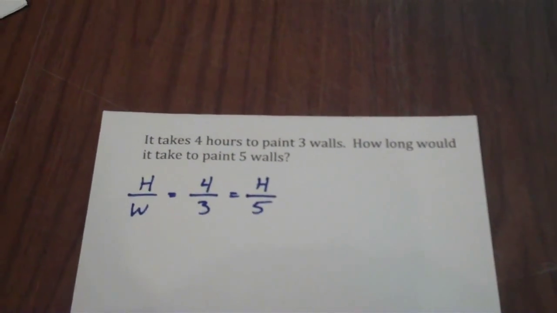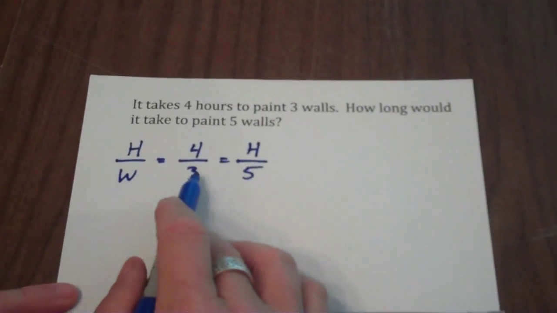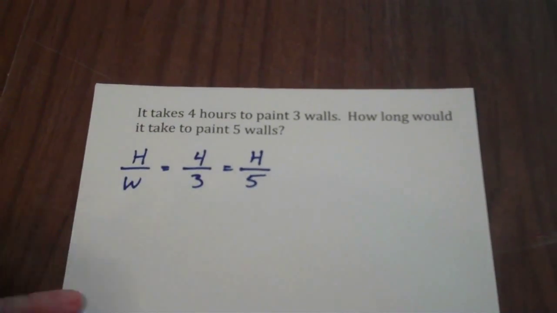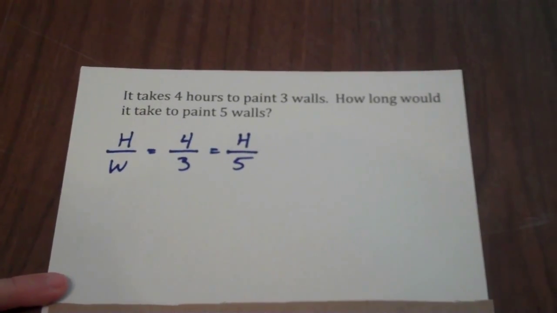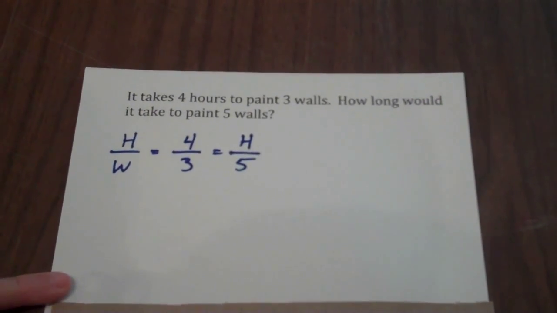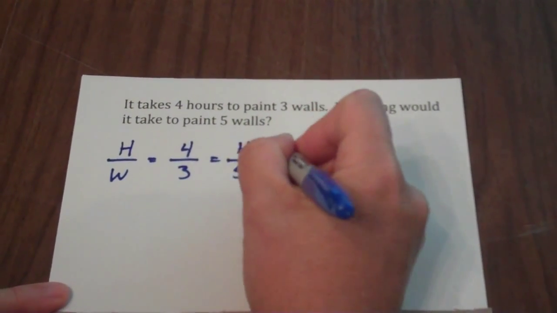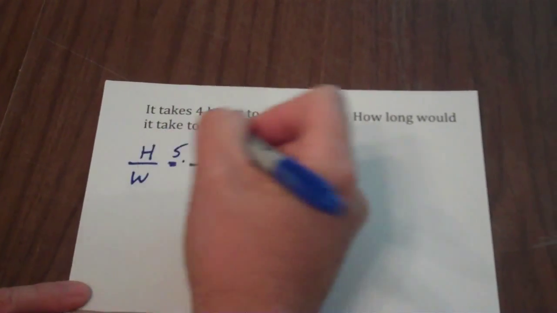Now, to be honest, to use my shortcut this time would be a little trickier. Multiplying what times 3 would give you 5? The answer is 1 2/3, and if you actually see the problem that way, then I encourage you to go ahead and do that. But again, I think what most students would do here would be either to cross multiply or to simply multiply both sides by 5.